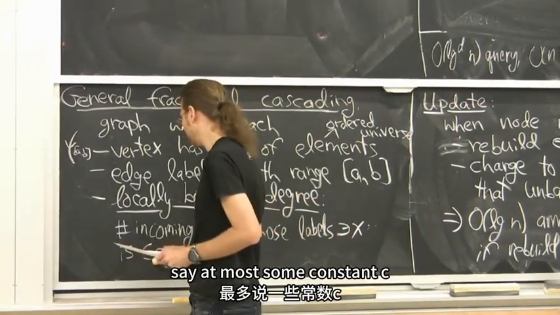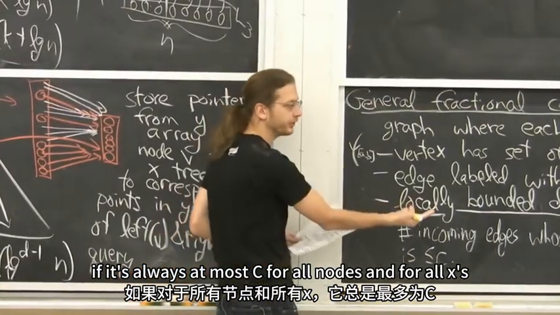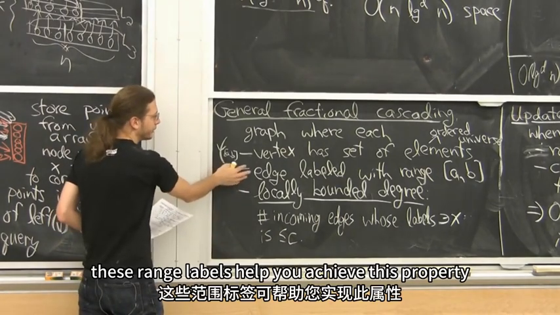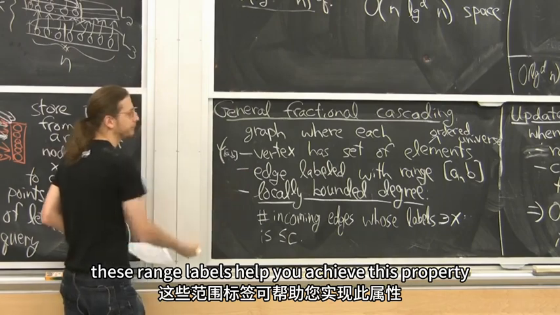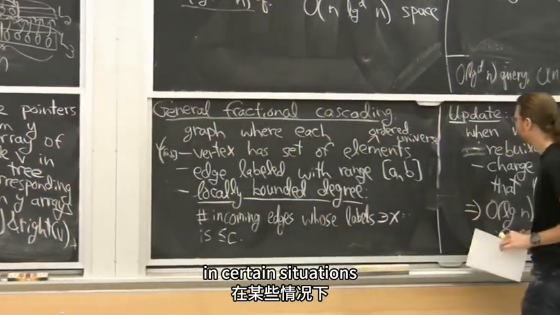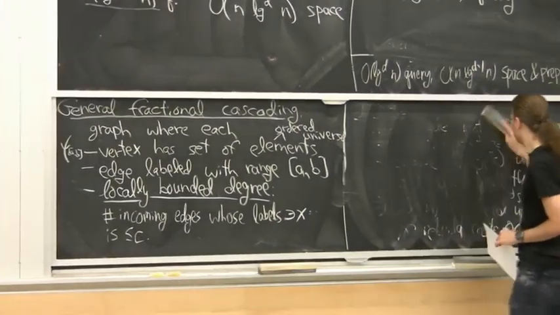Say at most some constant c. If it's always at most c for all nodes and for all x's, then this is sort of locally bounded degree. And these range labels help you achieve this property. Basically, if you can constrain that you're only going to follow this edge in certain situations and there aren't too many ways you could have gotten to a node, then you have this property.